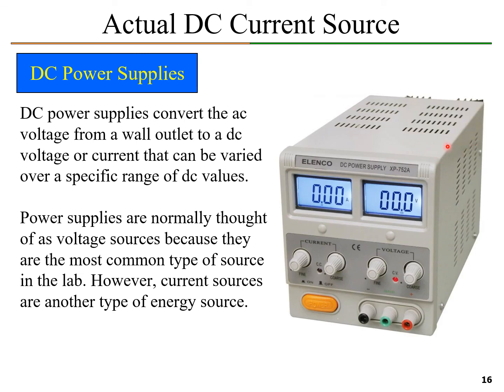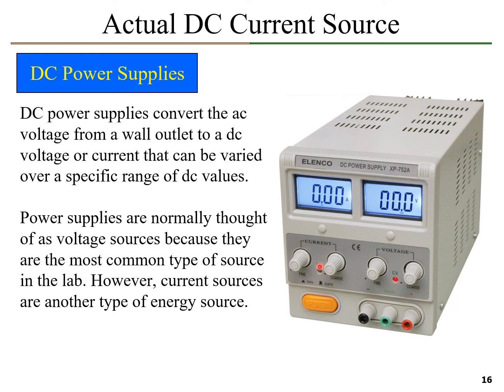This right here is a picture of a power supply. It can function as a direct current voltage source or a direct current source. We're at this point in the course where we haven't introduced what voltage is, but here is a picture of a real DC current source.